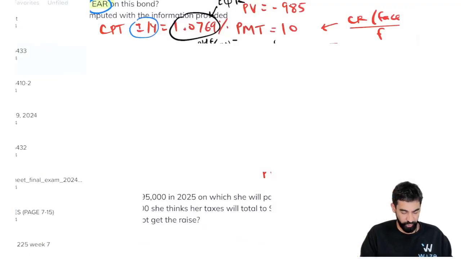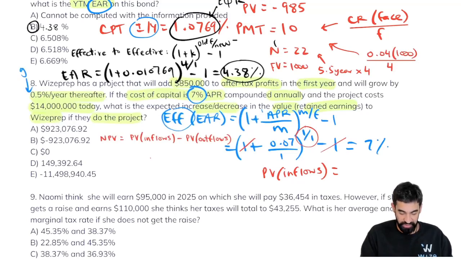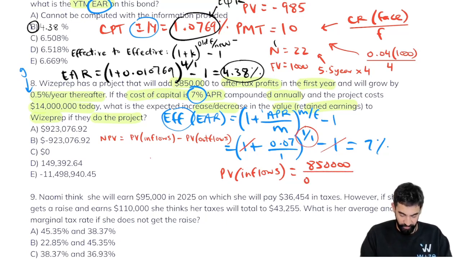So here I'll just use growing perpetuity, but sometimes in the solution they put DDM because it's the same essential formula. So here I can say the present value of my inflows is going to be the first payment you're getting, $850,000, divided by the K, which is 7%, but here you have to put it as a decimal, 0.07, minus the G, which is 0.5%, so divide that by 100, it'll give you 0.005.